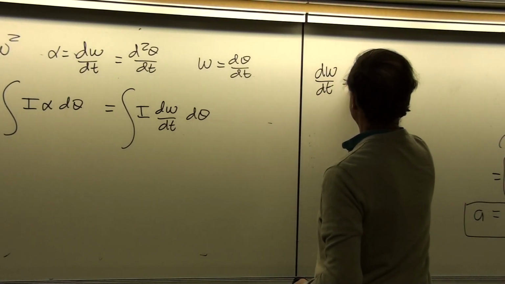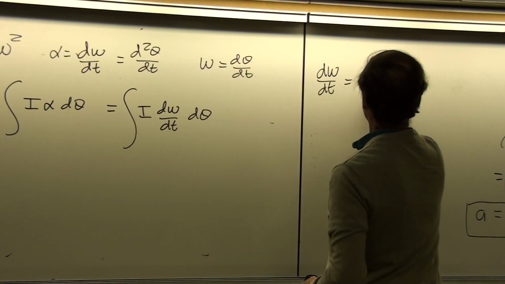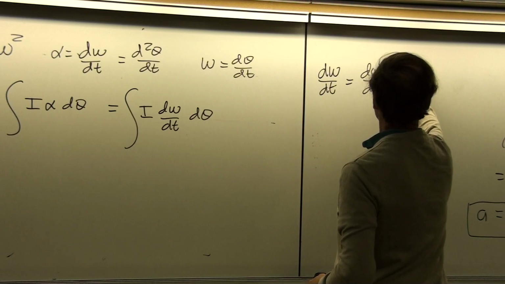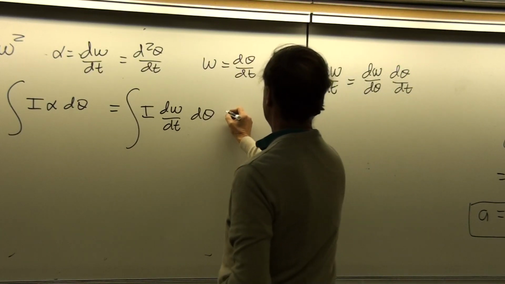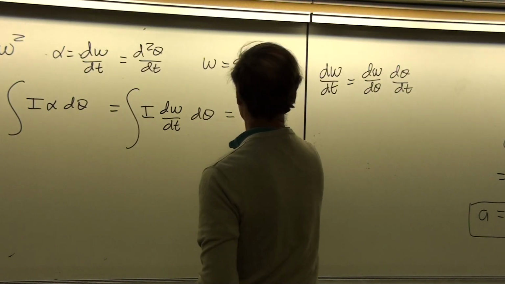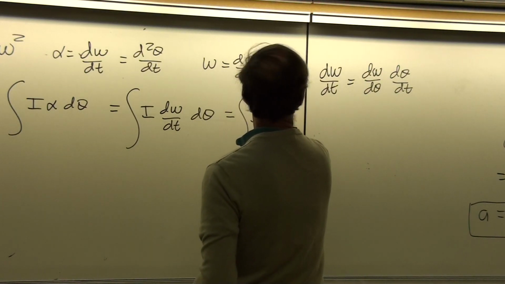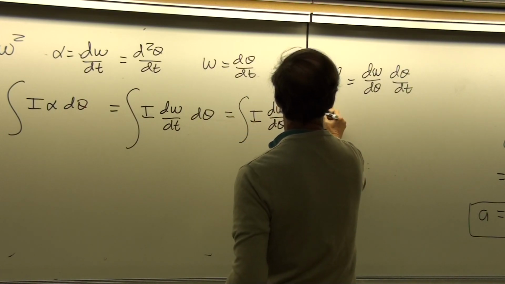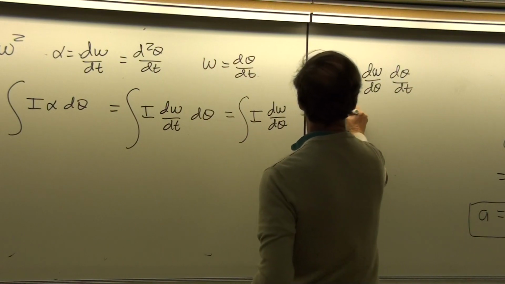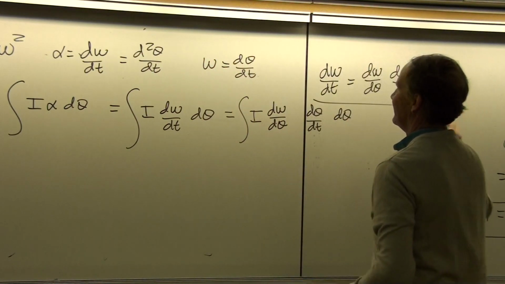D omega dt is equal to d omega d theta times d theta dt. And so if I rewrite it that way, then we've got the integral of I times d omega d theta times d theta dt.